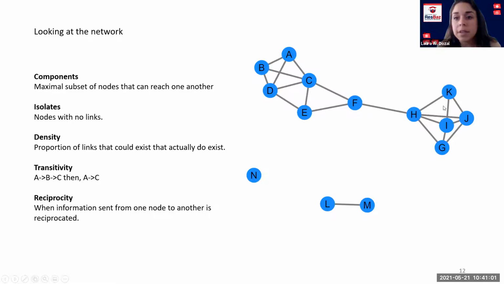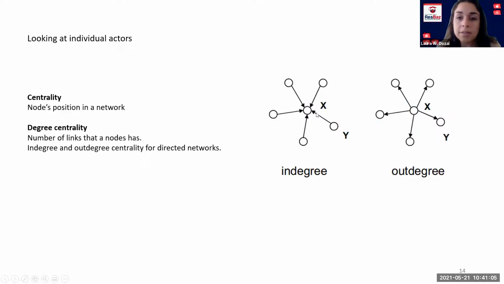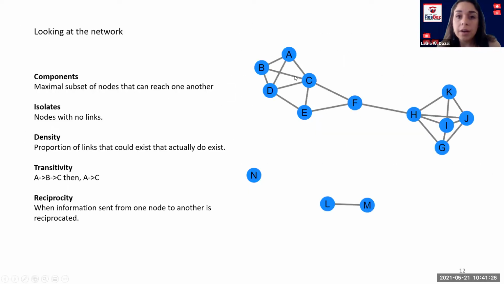Comparing C to X, although X might have the same degree as C, their eigenvectors vary greatly, because all of these outside nodes aren't connected to anyone else, and so it drops the eigenvector centrality, whereas C over here is connected to nodes that are also highly connected within the network.